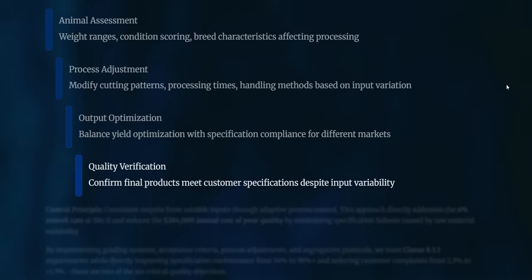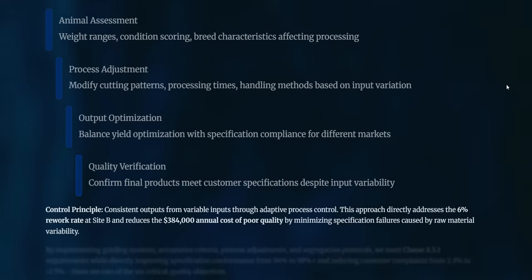After the output optimization, we have to verify the quality, and that means confirm final products will meet customer specifications despite input variability. So the control principle here is consistent outputs from variable inputs through adaptive process control, the adjustments, the modifications.